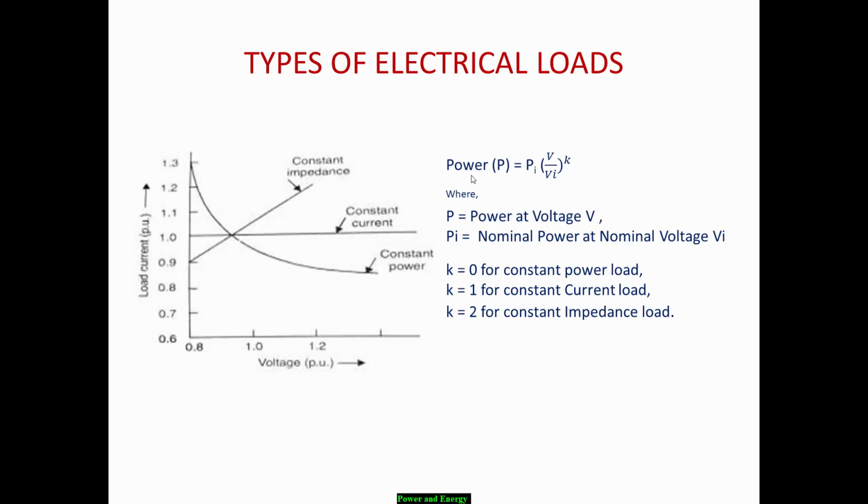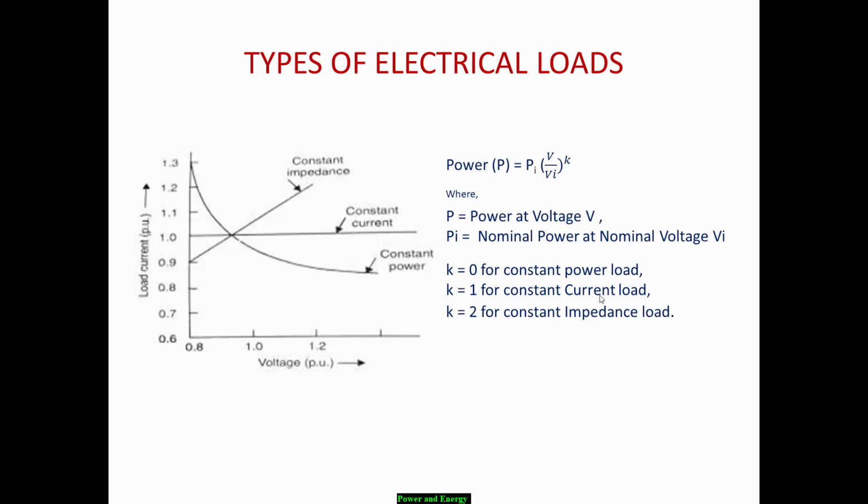In fact, if you want to find out power at a given voltage V, we have to use this formula: P = Pi × (V/Vi)^K, where Pi is the nominal power at nominal voltage Vi, and P is the power at a voltage of V. Here K value is 0 for constant power load. 0 means this factor becomes 1, so P becomes Pi, that is constant power load.